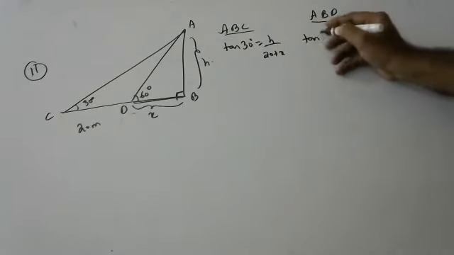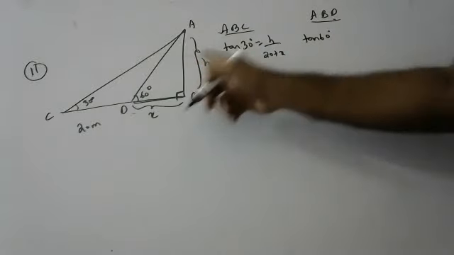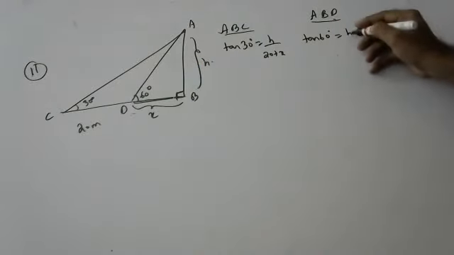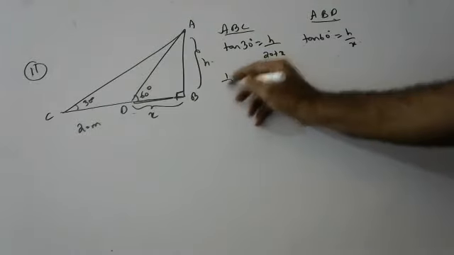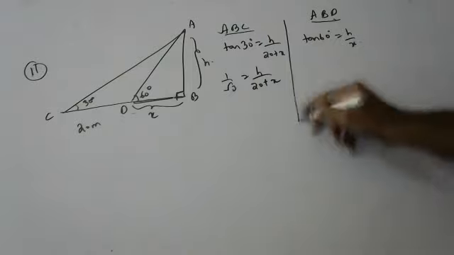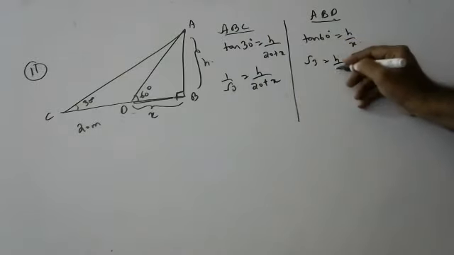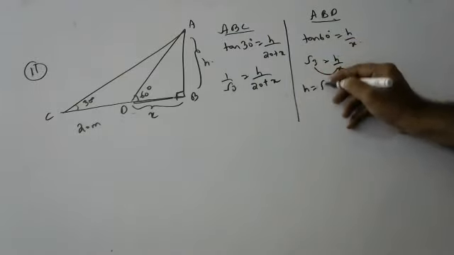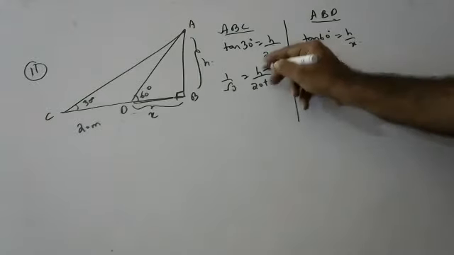And tan 60 is how much, children? Tan 60 is h by x. Tan 30 is 1 by root 3, equal to h by 20 plus x. Root 3 is equal to h by x. This comes here: h is equal to root 3x.